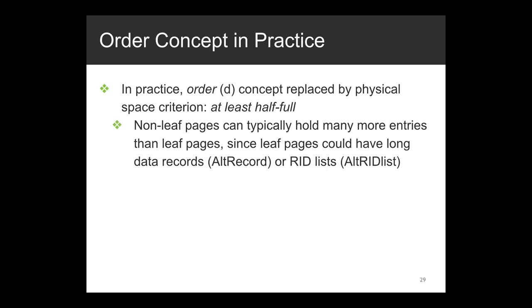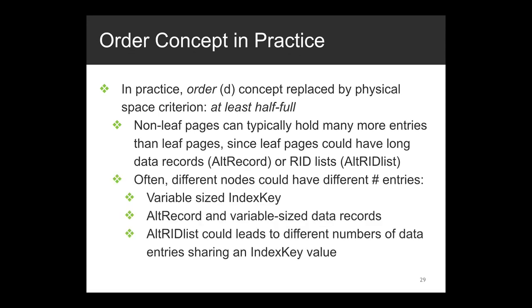We talked about how in Alt RID list, the entries are variable length because you could have multiple records for the same index key value, but the number of records per index key value could differ across index keys, which means the entries in the leaf page are of variable length. Different nodes could also have different numbers of entries because of variable size index keys.